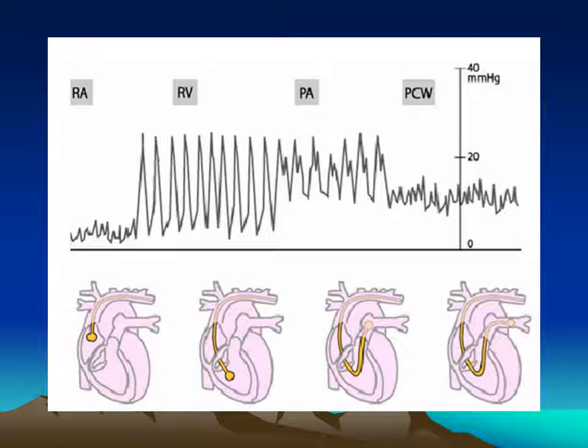Right ventricular, usually up to 30 millimeters of mercury. The pulmonary artery pressure, usually 25/10. And then the pulmonary capillary wedge pressure. But we can only get accurate pressures if we have preloaded.